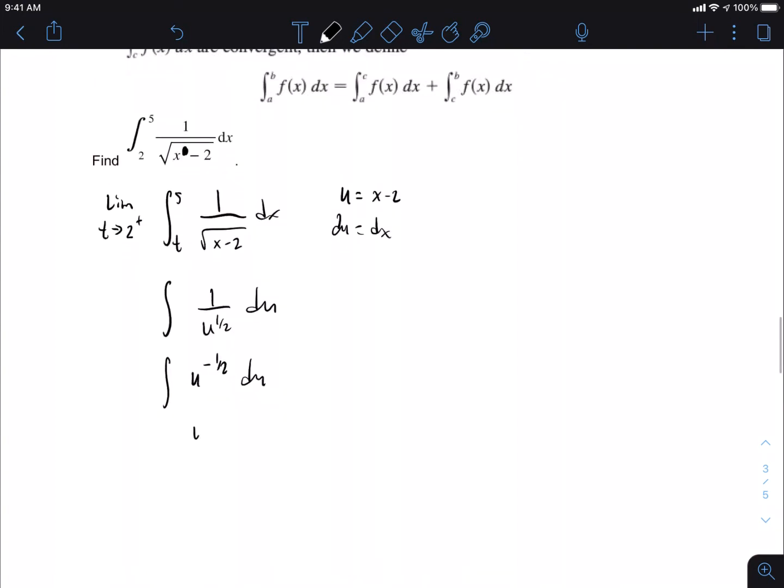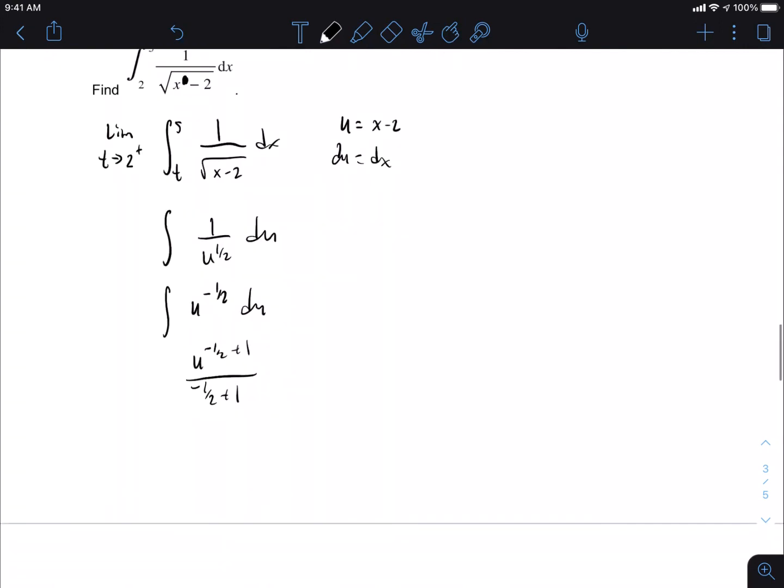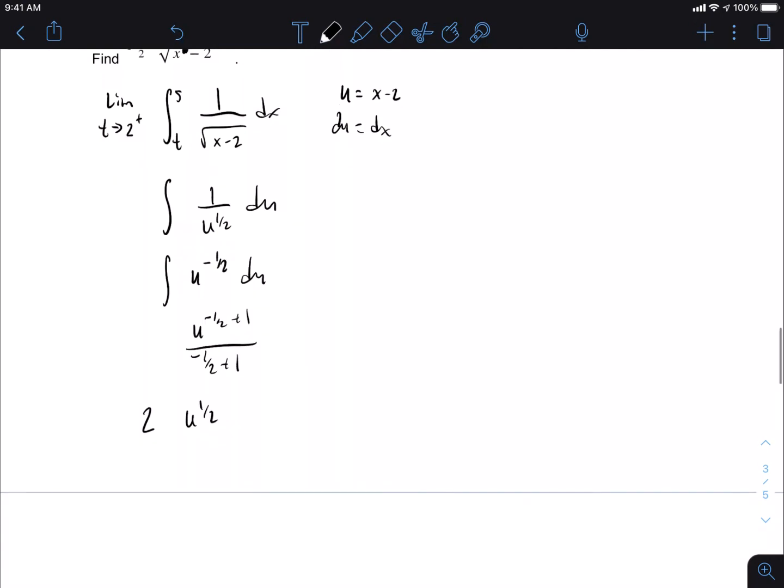And we know that this is u to the negative 1/2 plus 1 over a negative 1/2 plus 1, which would be, what is that? 2 u to the 1/2. But then we need to remember that that is 2 times x minus 2 rooted.